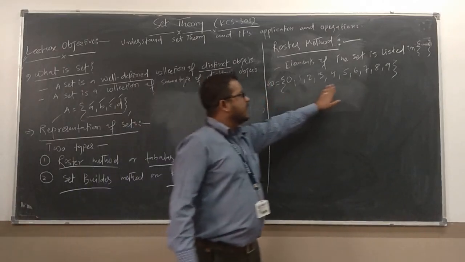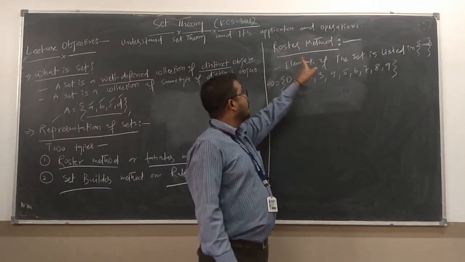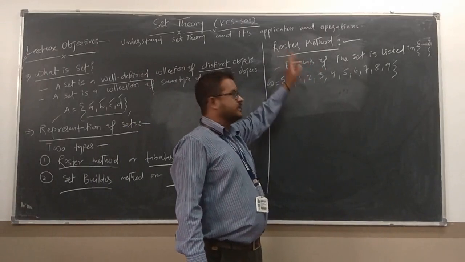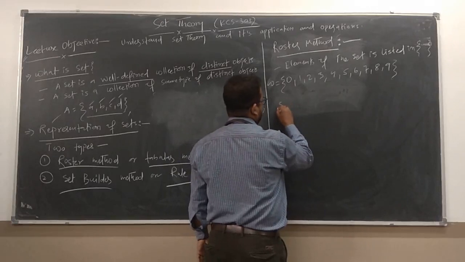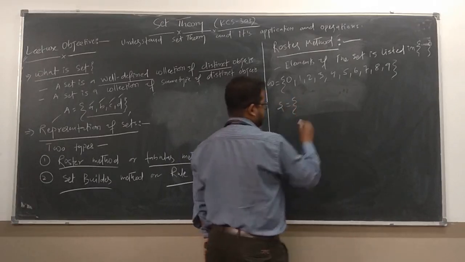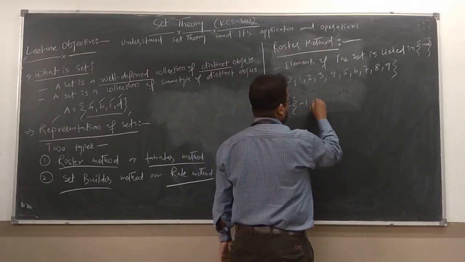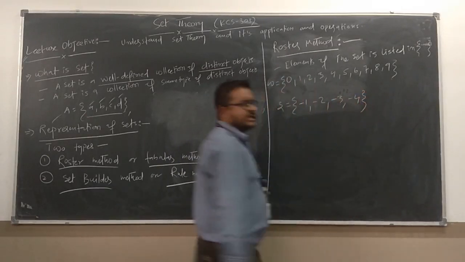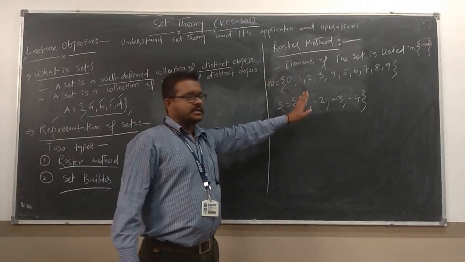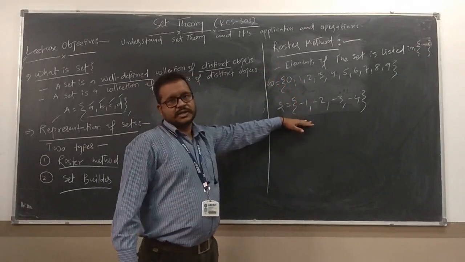This is the tabular representation, or the roster method of set representation. Similarly, suppose Z is -1, -2, -3, -4. This is another roster method of set representation.